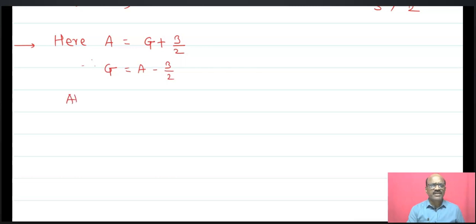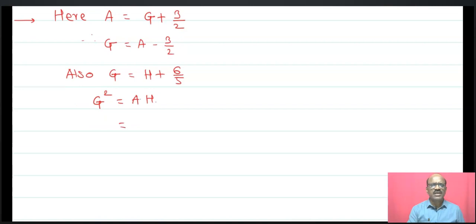Now see the first condition here, that is A is equal to G plus 3 by 2. Therefore, we will write in terms of G, that is A is equal to G plus 3 by 2, and also G is equal to H plus 6 by 5.